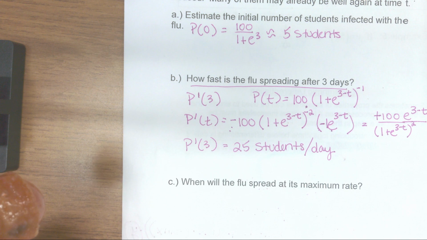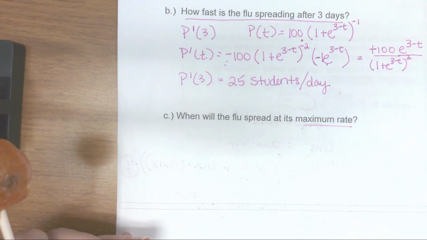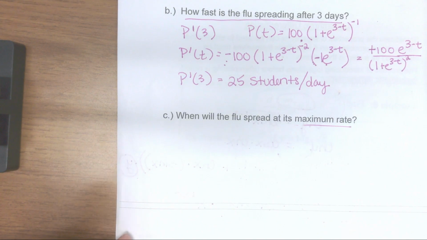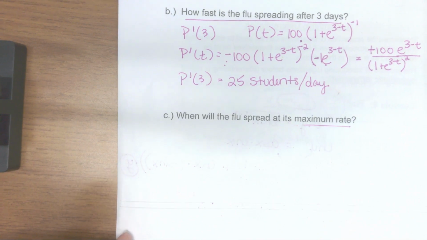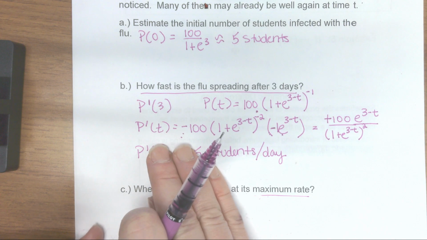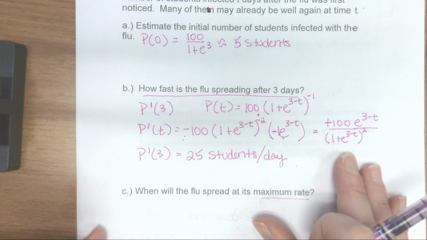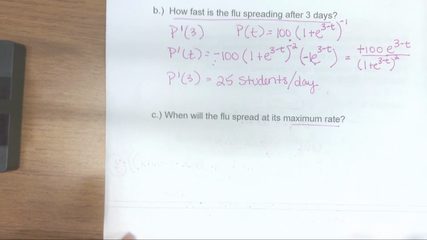Okay. What if I asked you to find the maximum rate? This is where I'd have to have you use a calculator because that's asking you to graph the derivative and find its maximum. And so what we're going to do is graph it. I'm going to show you something, but we're going to do that graphically.